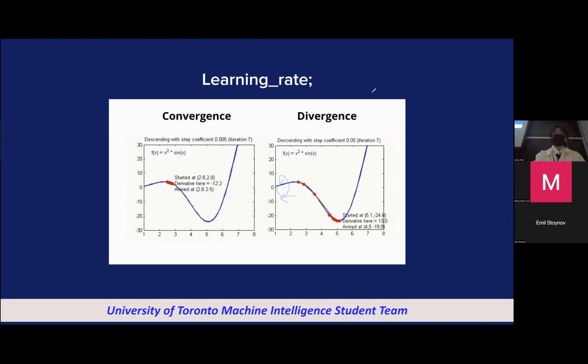Because your learning rate is too large, you can't even converge. Sometimes that leads to the exploding gradient problem, and you see a lot of that. I think we have one question like that in today's quiz, but we'll talk about that.